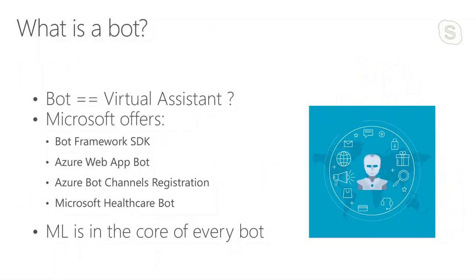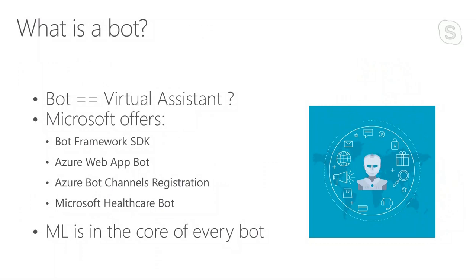And on Azure, you have Azure Web App Bot. So you are creating a bot on Azure as a resource. Then you can download the code and you will get pretty much the same template as you can get using Bot Framework.